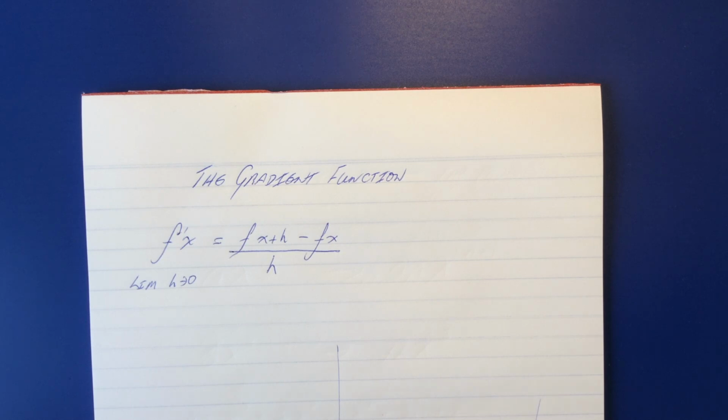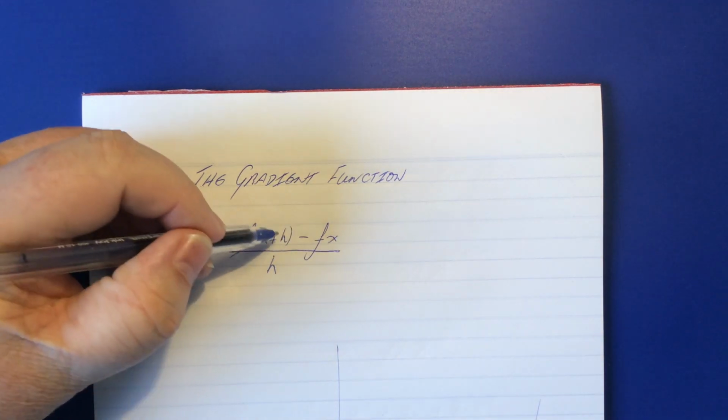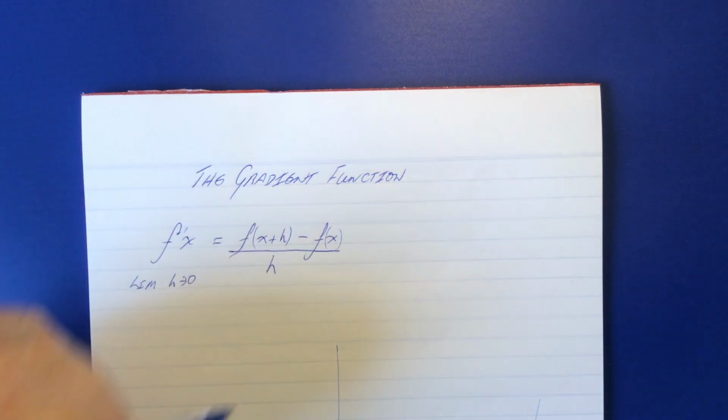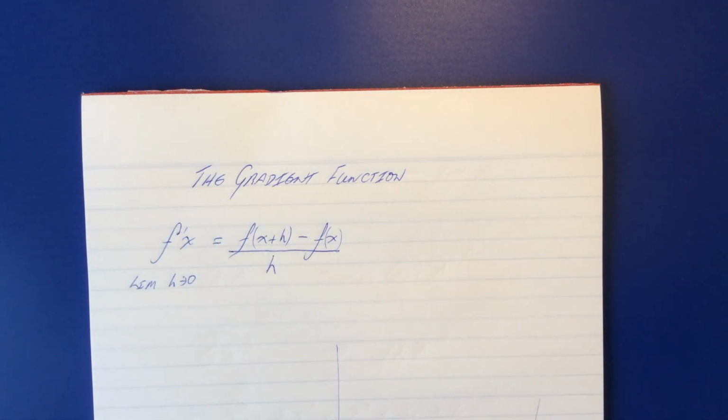Anyway, this is an extremely clever piece of work. I could never get over just how clever this all is. Okay, so this is the gradient function. Put some brackets in there so that it looks a little bit more like what you're used to.